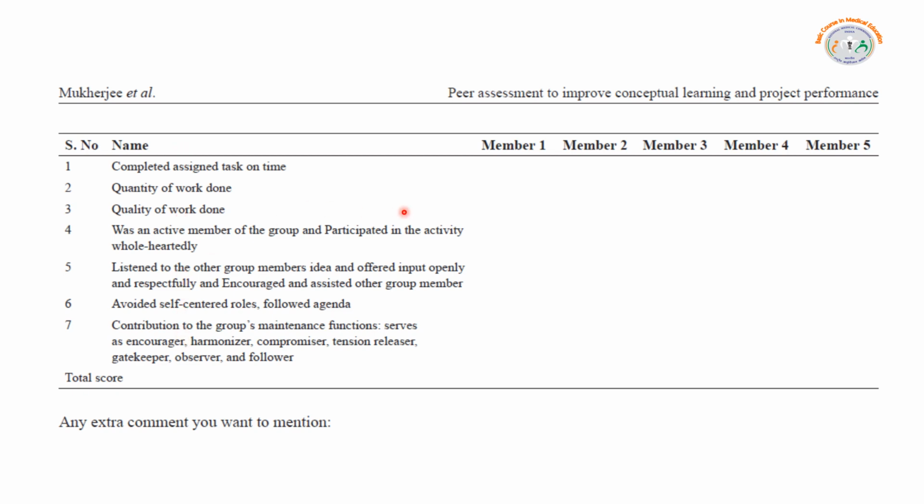Member 1 completed the assigned task on time, quality of the work, quantity of the work done by that member, was an active member of the group and participated in the activity wholeheartedly, listened to the other group members and offered input openly, avoided self-centered roles or agendas, and contributed to the group's maintenance functions. So these are the points on which you ask the peers to assess the other members.